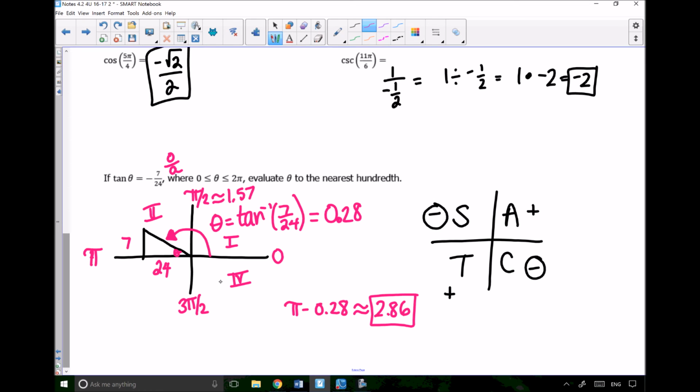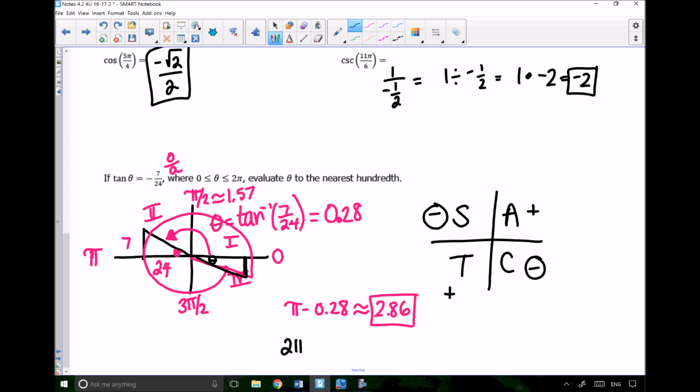But it can also be in the fourth quadrant. So I know my answer right here is going to look something along these lines. So when I do this question, I want to figure out what this theta is as well. If 360 degrees, or 2 pi, is the full way around, this is 0.28 radians away from a full 2 pi.